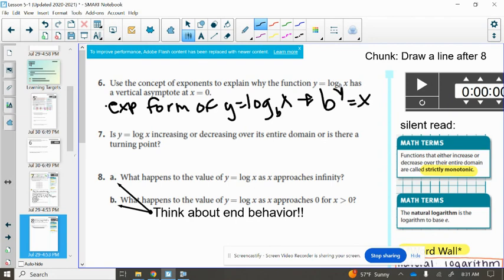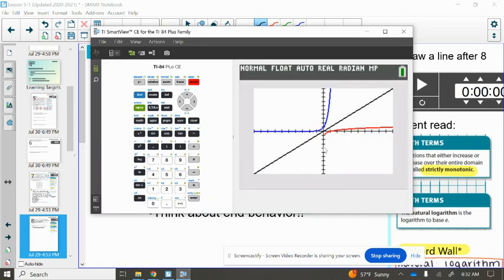We swoop it around. And in an exponential, b cannot equal 0. So thus, it's going to have a vertical asymptote at 0 in this logarithm graph. So we see that's why that's occurring.